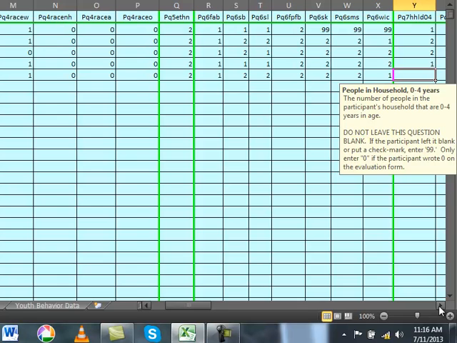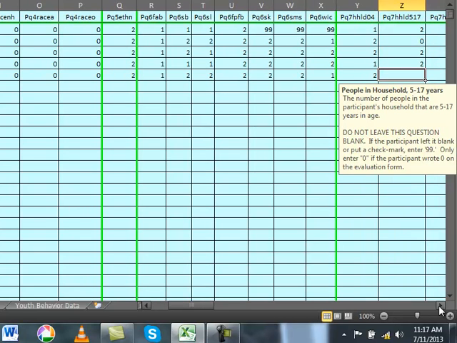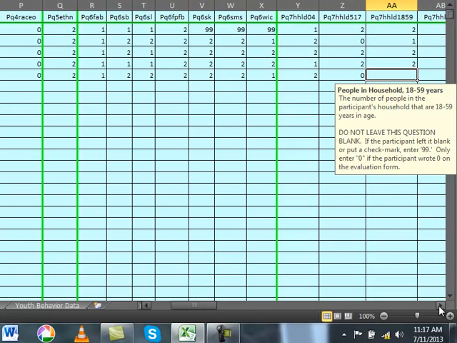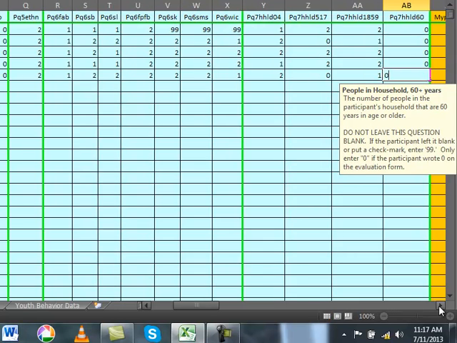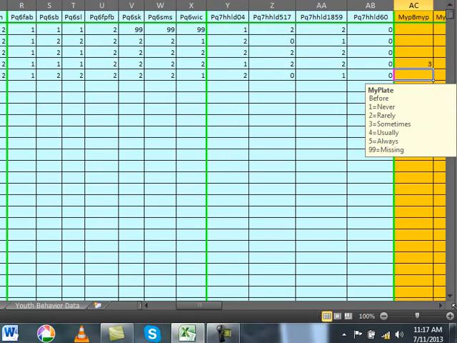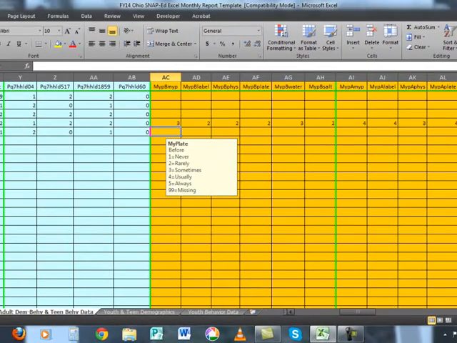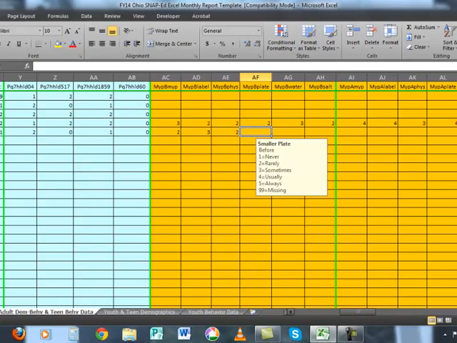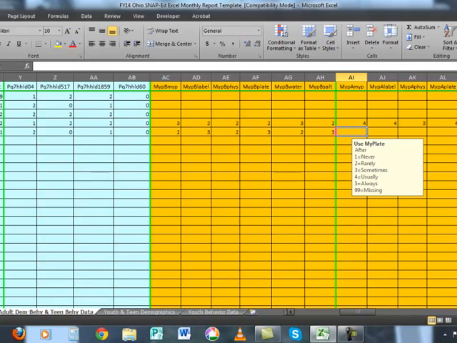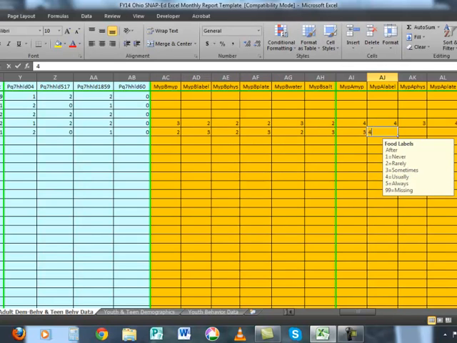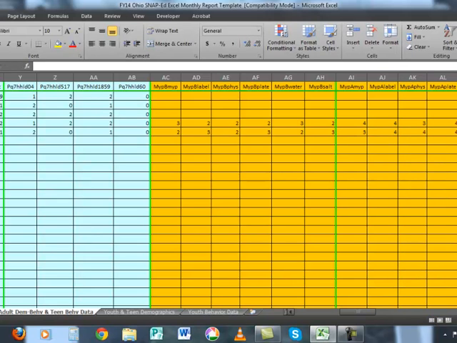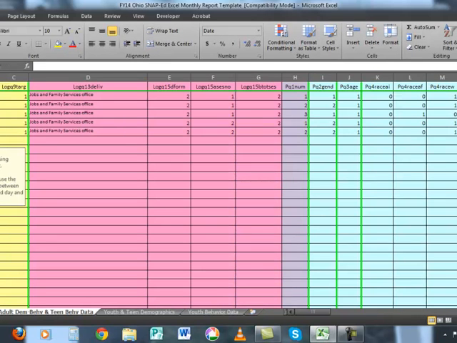There were 2 children 0 to 4, 0 children 5 to 17, and 1 person age 18 to 59. And moving on to the retrospective on the front page, this person's pre-test scores were 2, 3, 2, 3, 2, and 3, and their after scores were 3, 4, 4, 4, 3, and 3. So I have now completed entering the second person's, and we'll move on to the last person's.